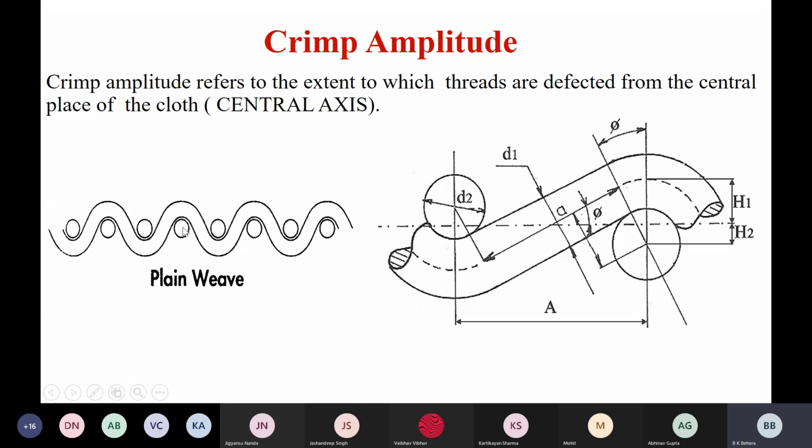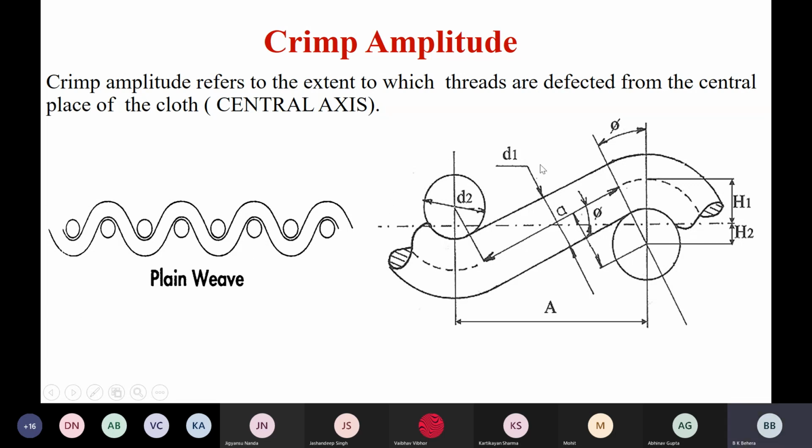Higher the contact area, more the friction. When we measure the shear properties of this fabric, shear properties primarily depend on the contact area between warp and weft. If the contact area is more, shear resistance is more. If the contact area is less, shear resistance is less, because the inter-yarn friction is less.